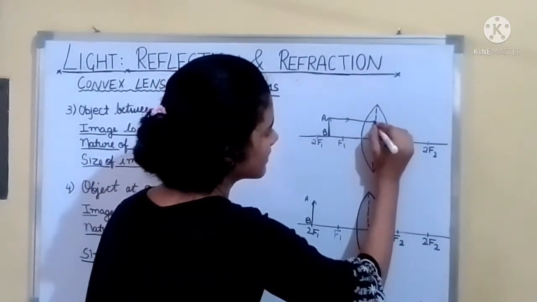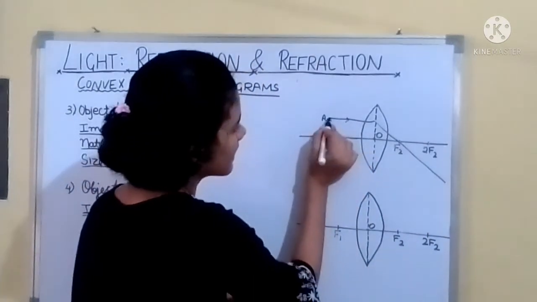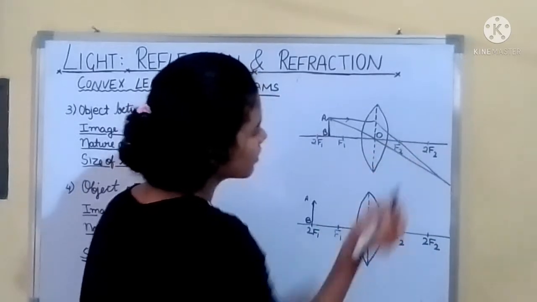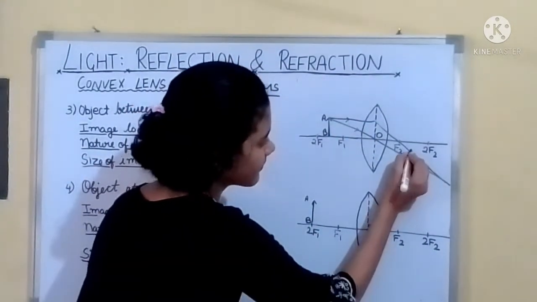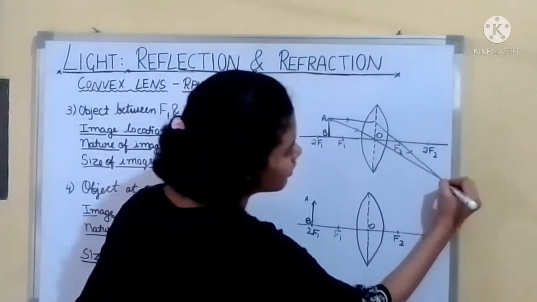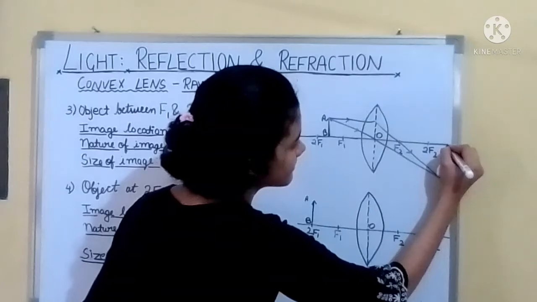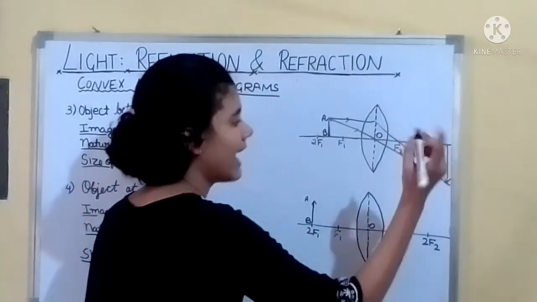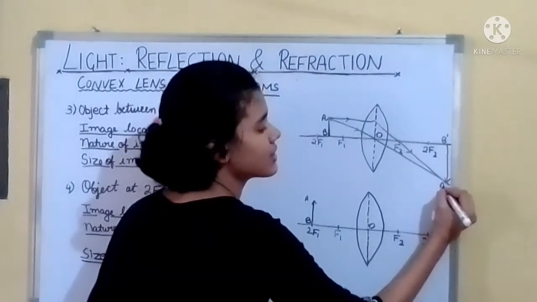Then it passes through the focus. Then one incident ray will go through the optical center. And over here at this particular point they are meeting, and this is B dash and then A dash.